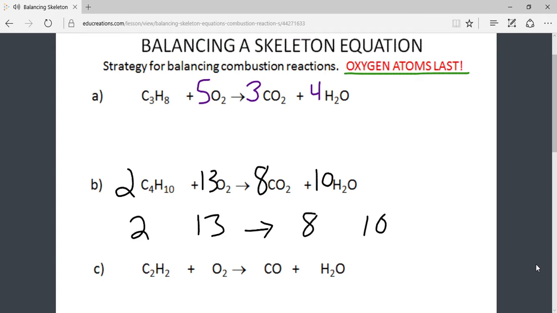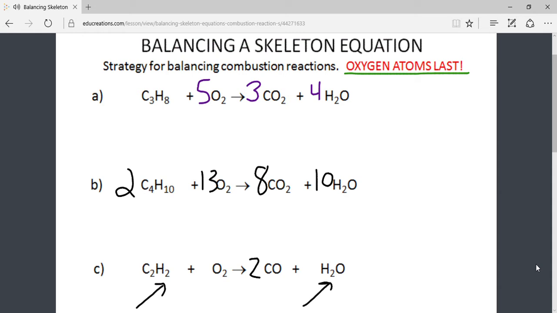Let us now look at example C. Once again, because it's a combustion reaction, we will balance our oxygen atoms last. Therefore, on the reactant side, we see that there are 2 carbon atoms. To create 2 carbon atoms on the product side, we will choose the coefficient 2 in front of CO. In looking at the hydrogen, we can see the hydrogen is balanced on each side of the reaction, with 2 hydrogen atoms found on the reactant and product sides.